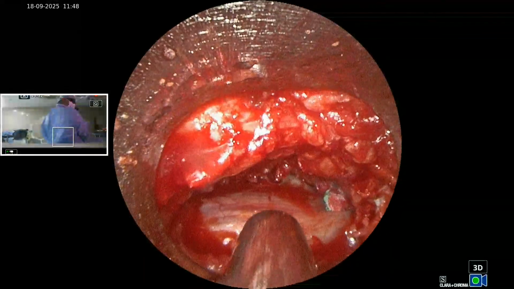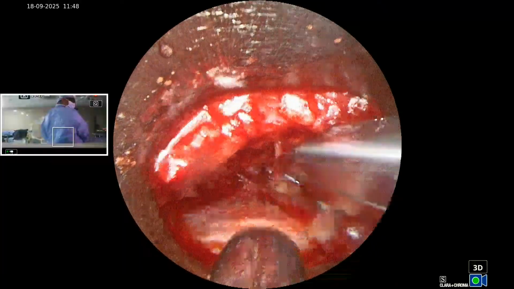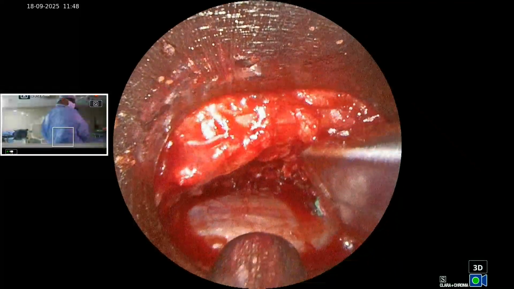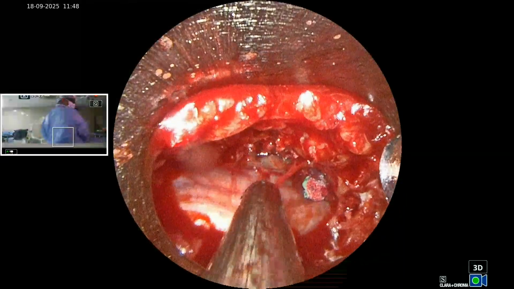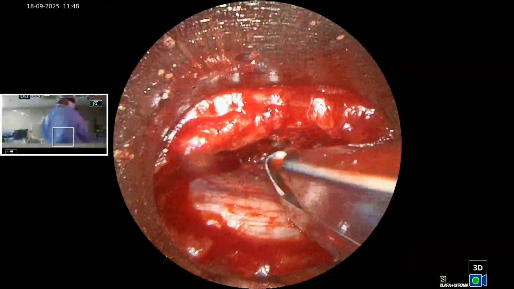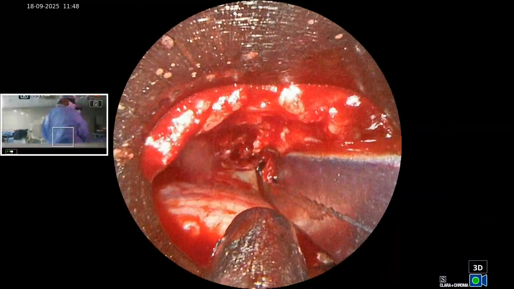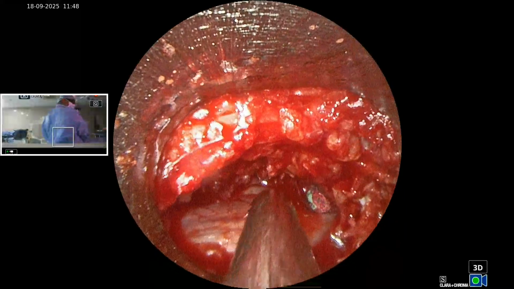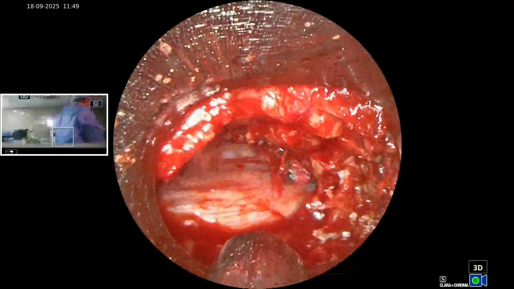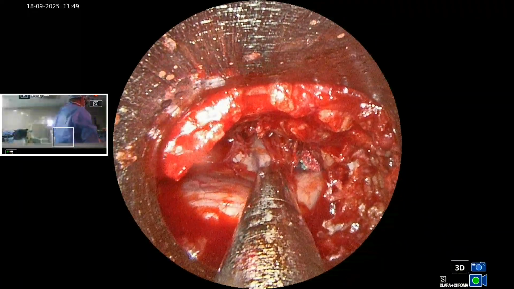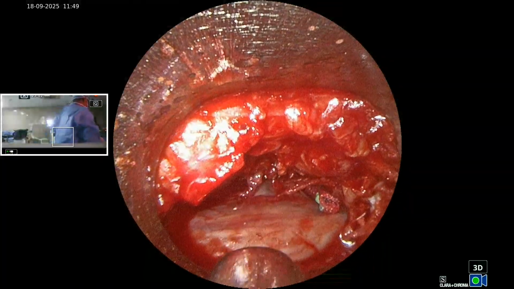Yes, this is the SAP, the hypertrophic portions of the medial aspect of the SAP of the opposite side. Yes, now it is very much clear and free, mobile. Photo.